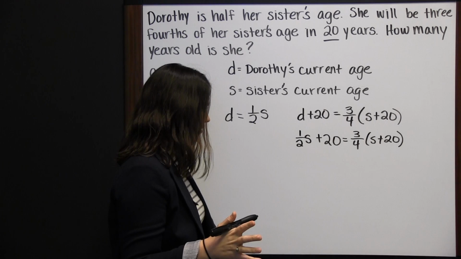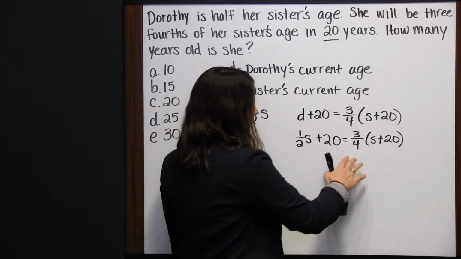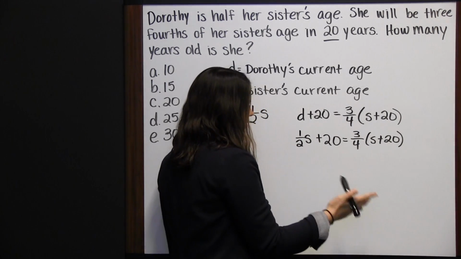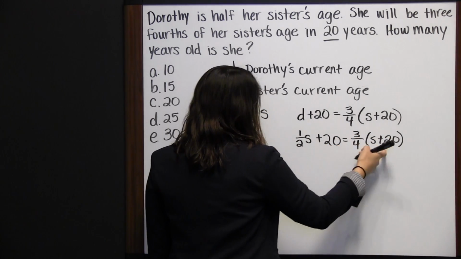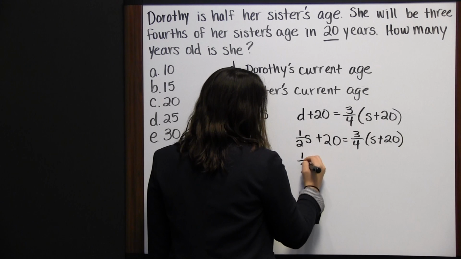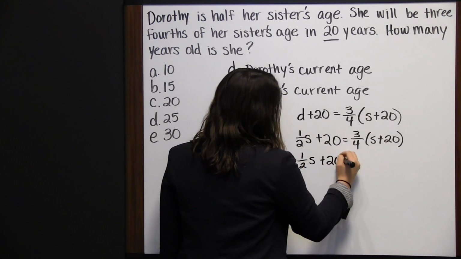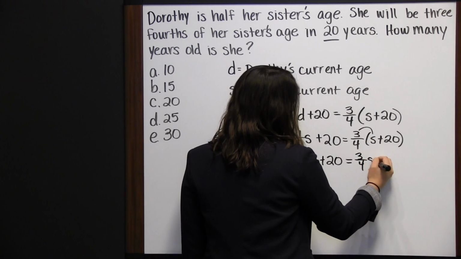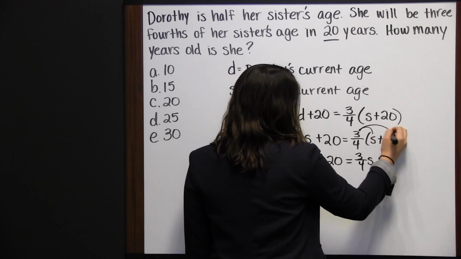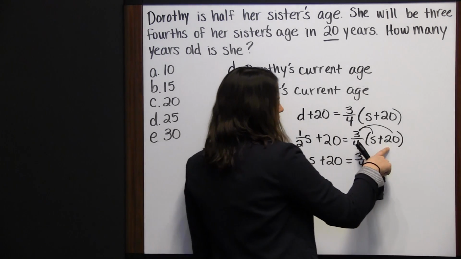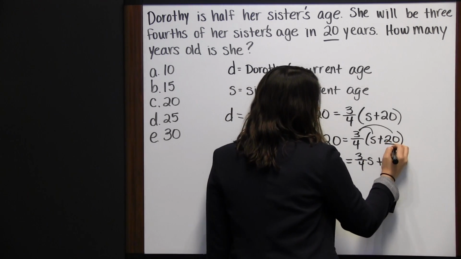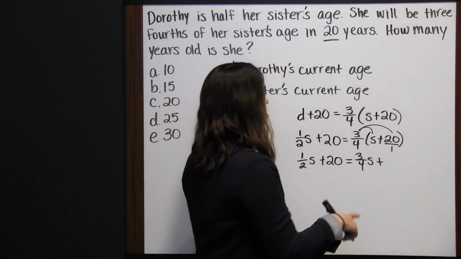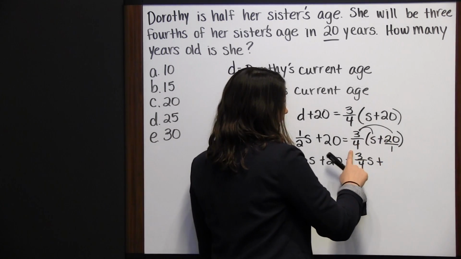And the first thing I think about is, I just want to get rid of this fraction, this 3/4. So I think I'll start by distributing the 3/4 to what's inside my parentheses. So I have 1/2 S plus 20 is equal to 3/4 S plus, and then with the 3/4 and the 20, I can put 20 over 1, and I can simplify multiplying these numbers by cross-canceling 4 and 20.